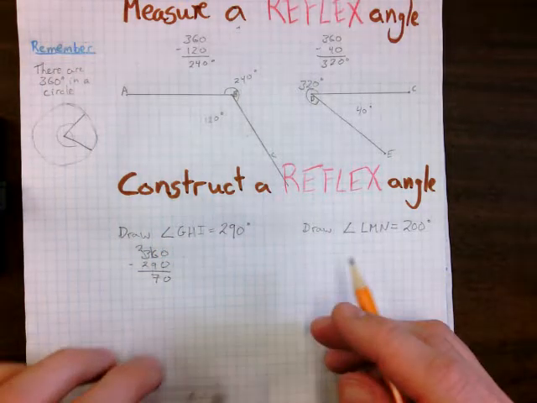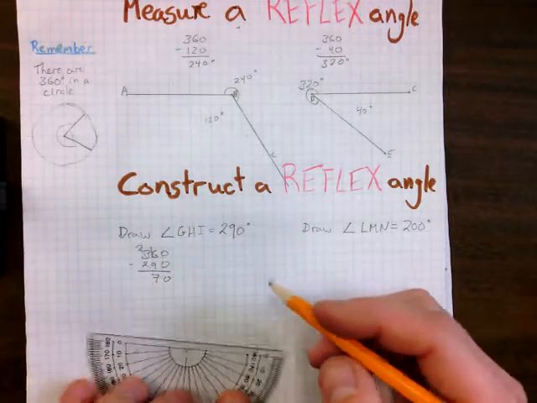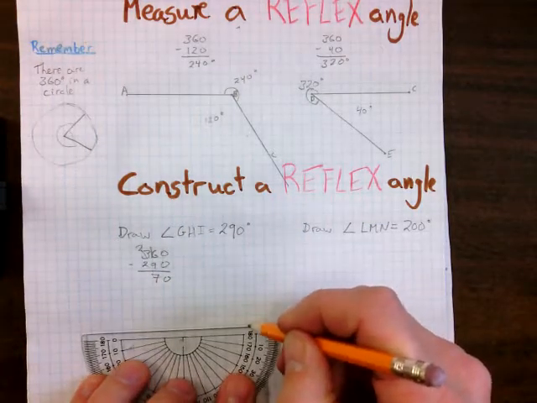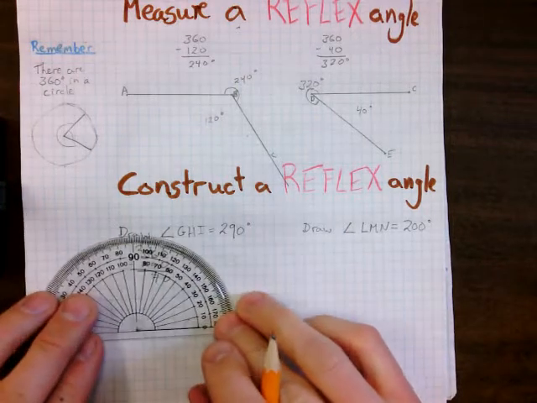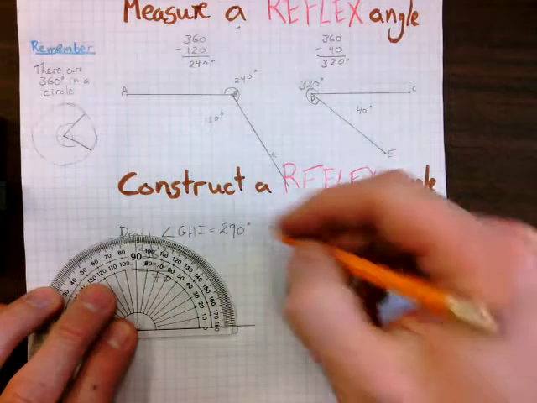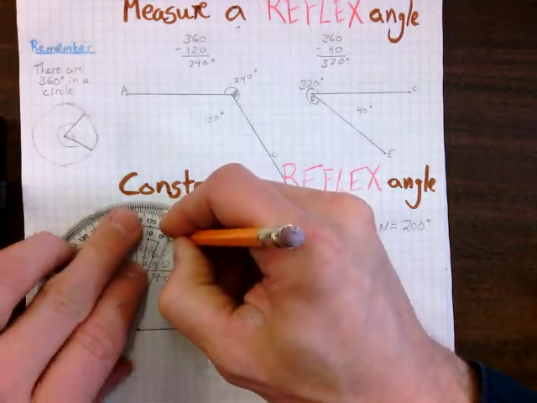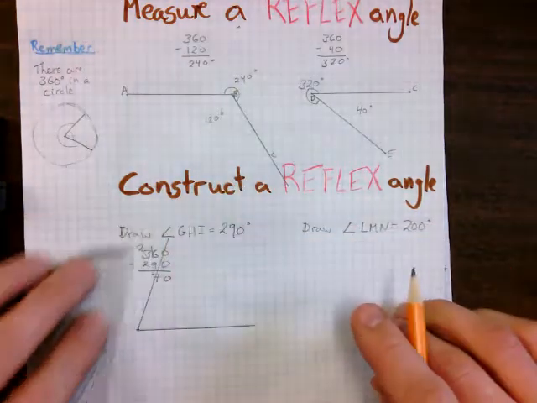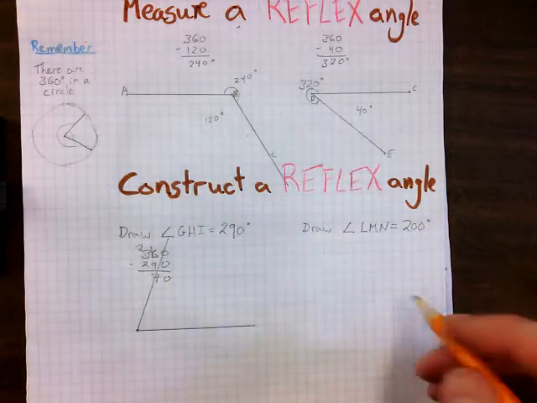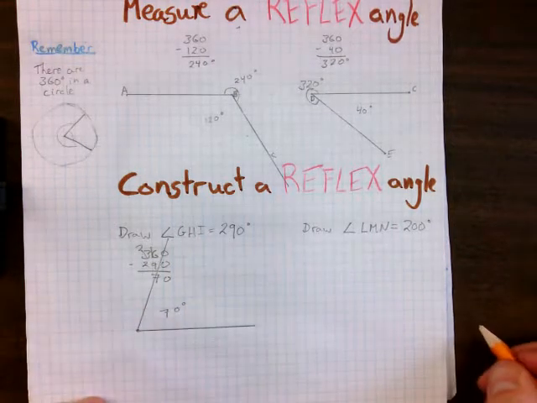I'm first going to draw 70 degrees. So start with a line. Measure 70. Take me to here. Okay. So this inside measurement is 70 degrees.